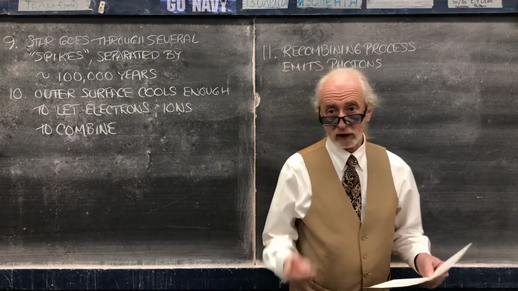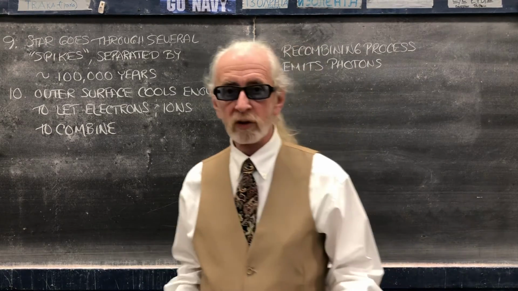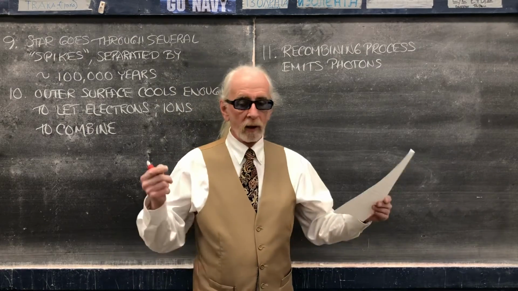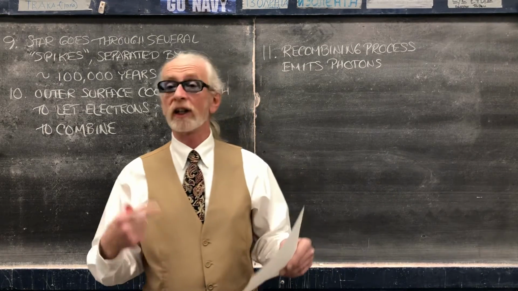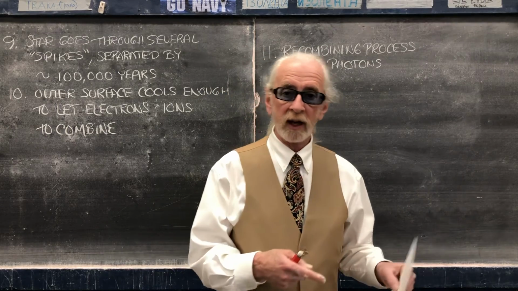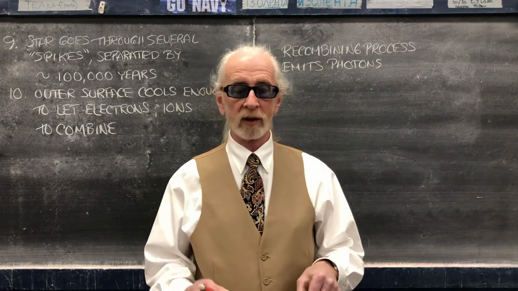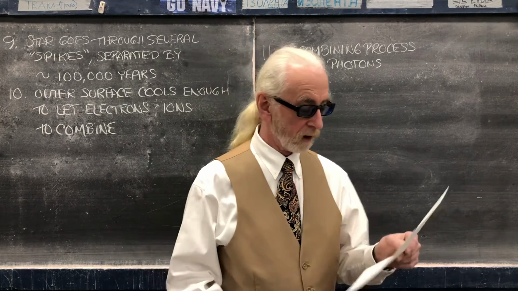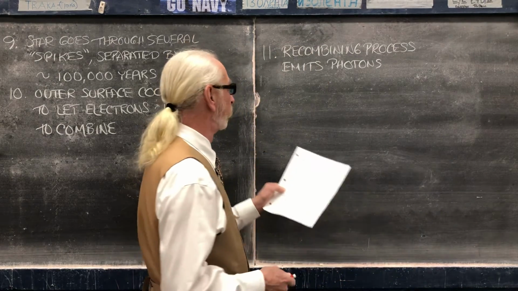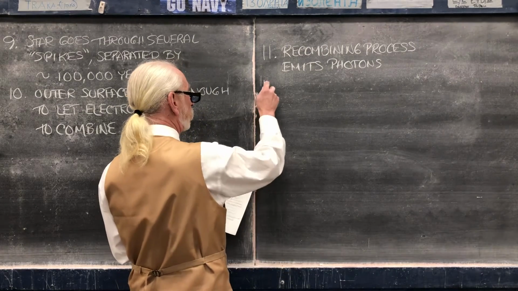Recall that ionizing absorbs photons, deionizing releases photons. We have an electron in an excited state, and to go back to that ground state, it has to dump energy. How does it do that? It emits a photon. So again, we know what photons are, but that's for another discussion. All right. The photons do create pressure.